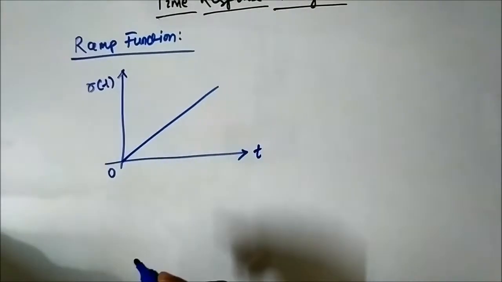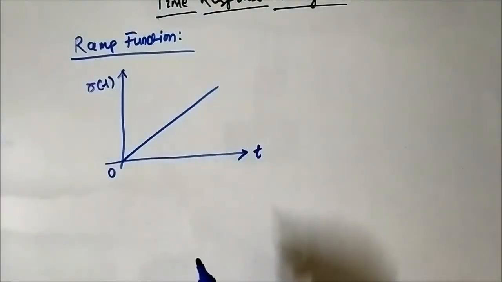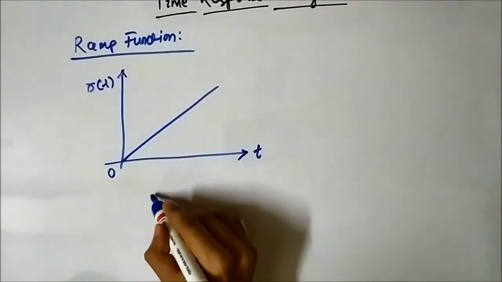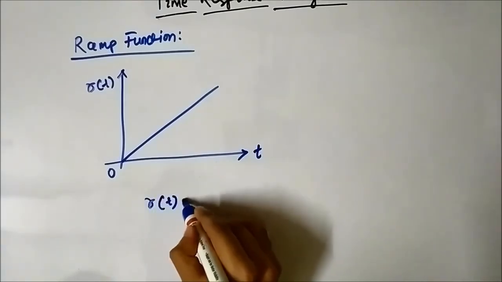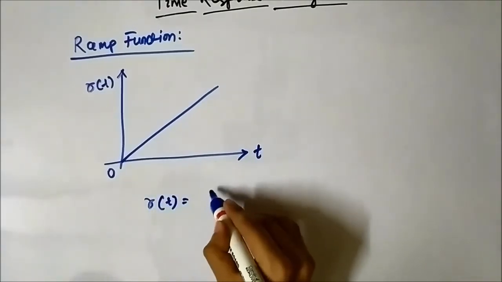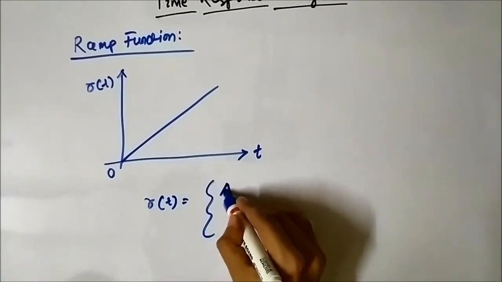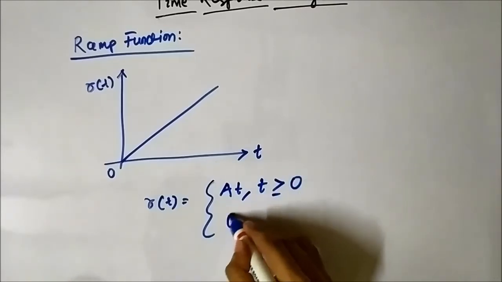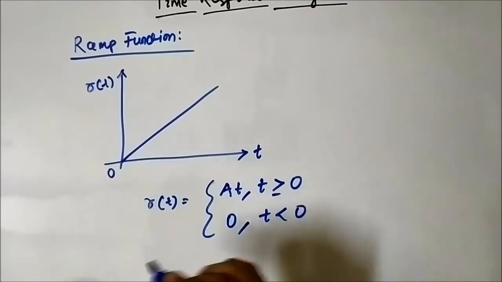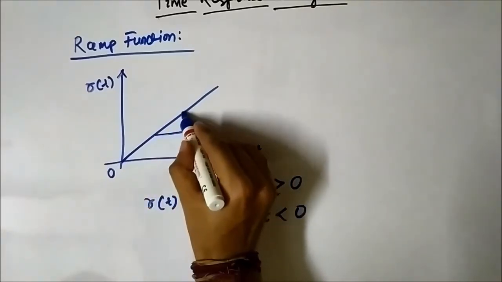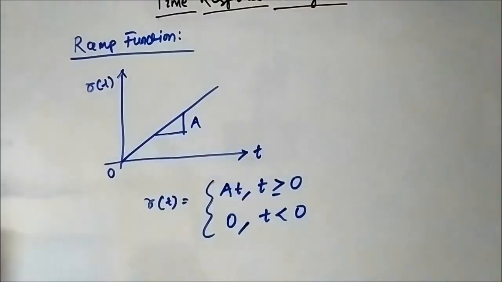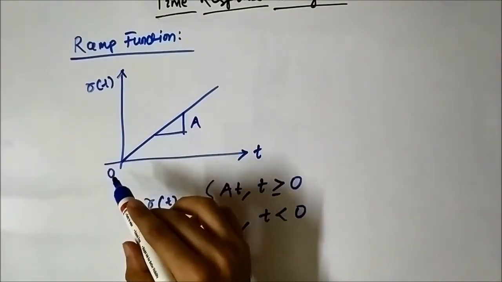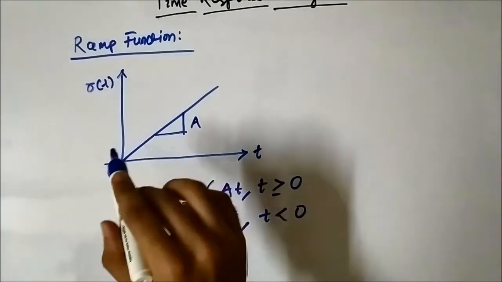It is represented as r(t), the ramp function, equal to A t for t greater than or equal to 0, and 0 for t less than 0. This has a slope equal to A. So it is a function which increases linearly with time.